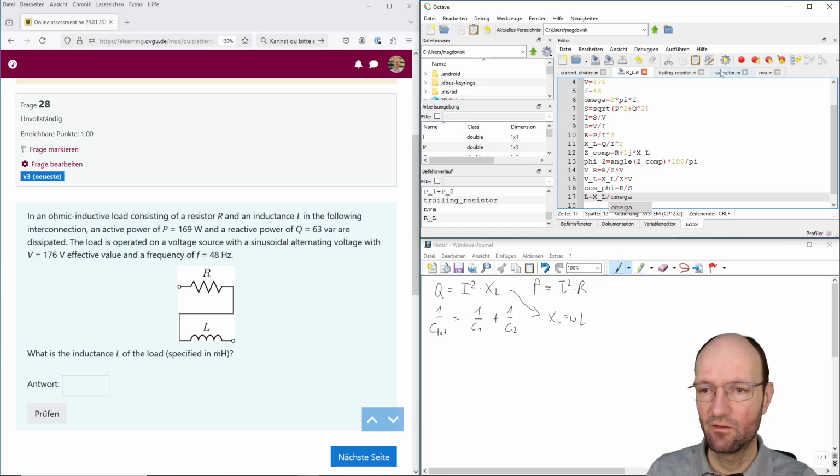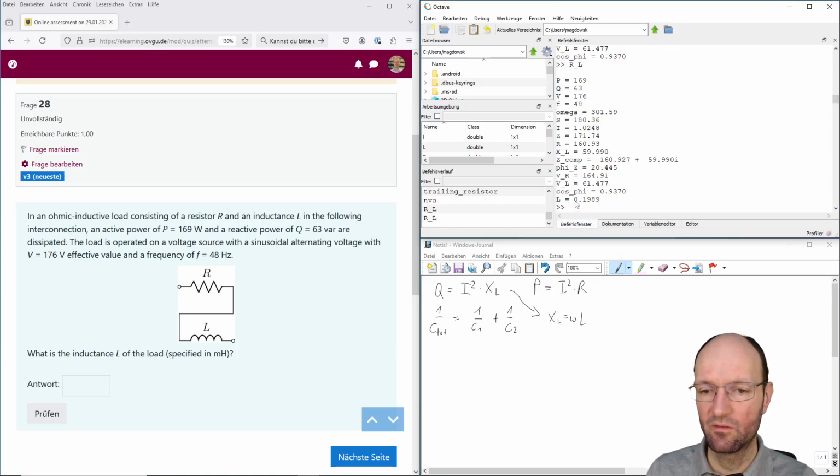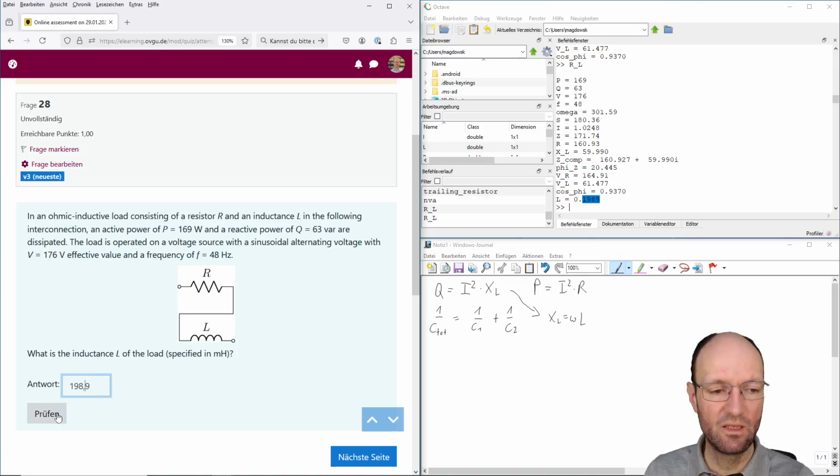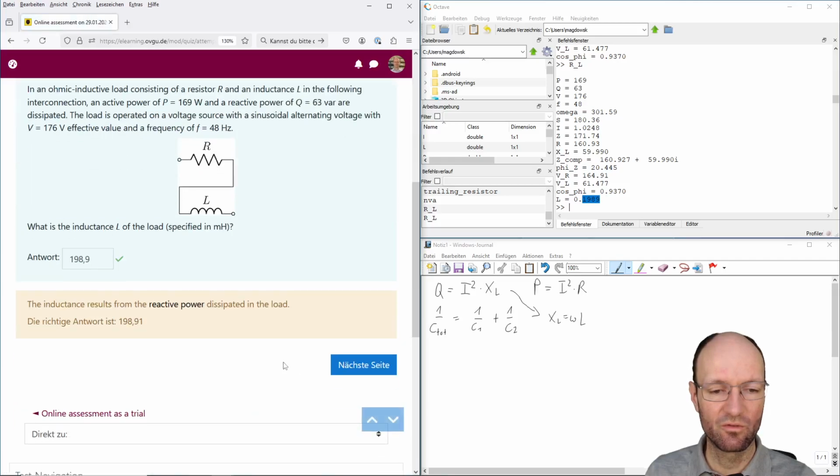And we get 0.19 henry, and this should be specified or converted into millihenry. So it should be approximately 200 millihenry. And this is also correct.